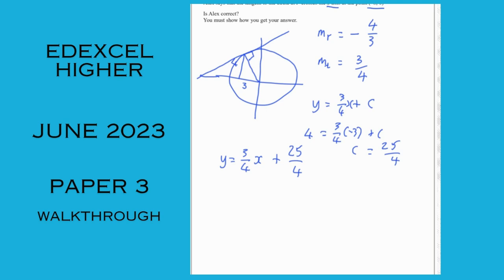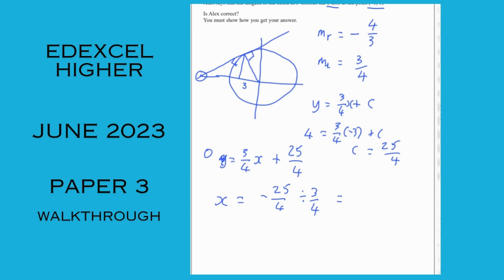So I suppose that's one way of doing it. I prefer, just for the understanding side of things, to go a little bit deeper and remind you that the x-axis is where y equals 0. So we can find x by subtracting 25/4 from both sides, and we divide by the coefficient of x, divide it by 3/4.